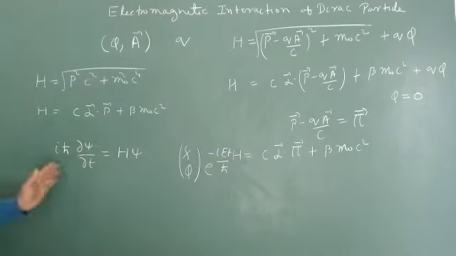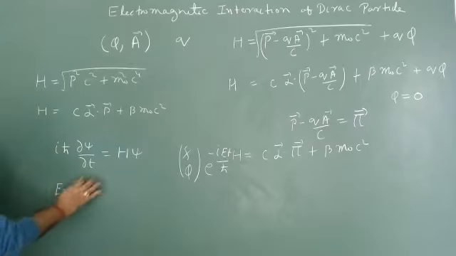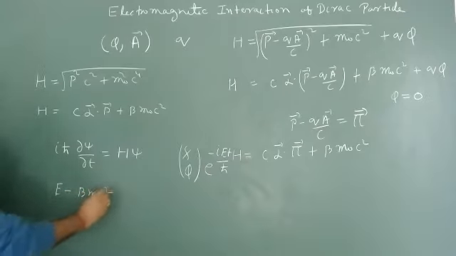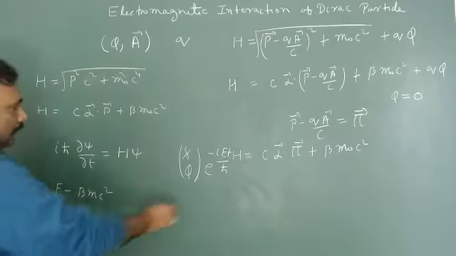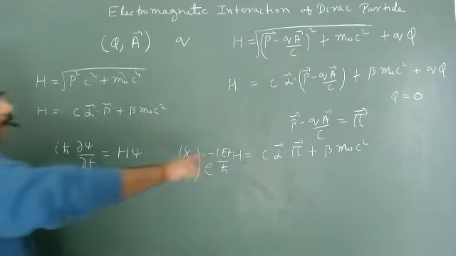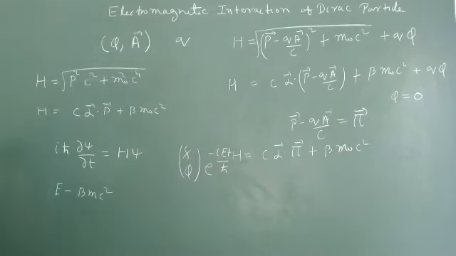So if we are going to satisfy this equation, then what will happen? Same equation as we have done for the free particle, we will just get E minus beta mc square, and this alpha is nothing but a 2 cross 2 sigma, that will be the off diagonal term.